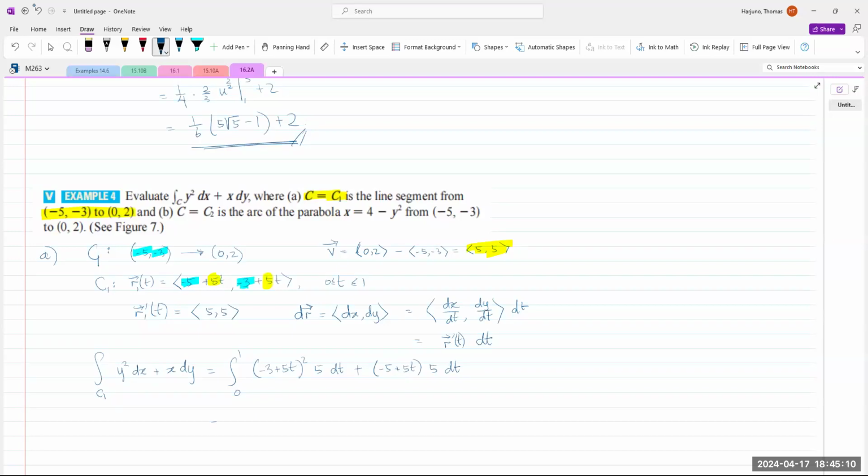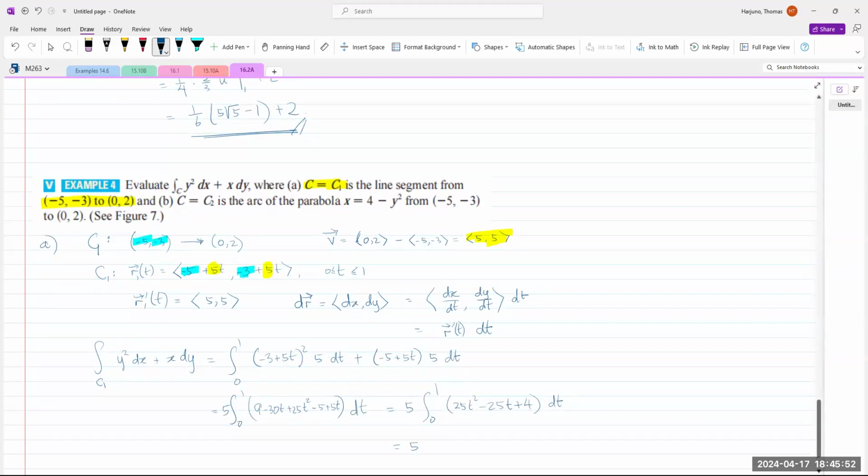Now from here it seems like we can simplify, with common factor 5 dt, and inside we will have 9 minus 30t plus 25t squared minus 5 plus 5t. This is 5 times the integral from 0 to 1 of 25t squared minus 25t plus 4 dt.